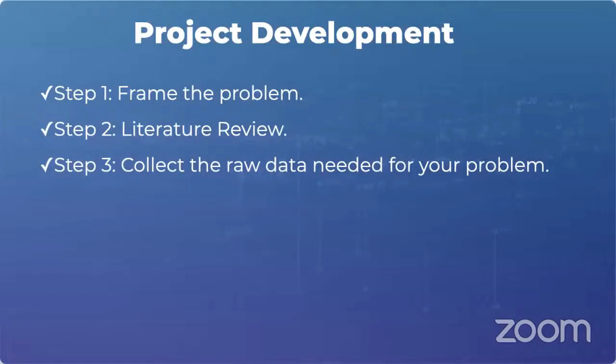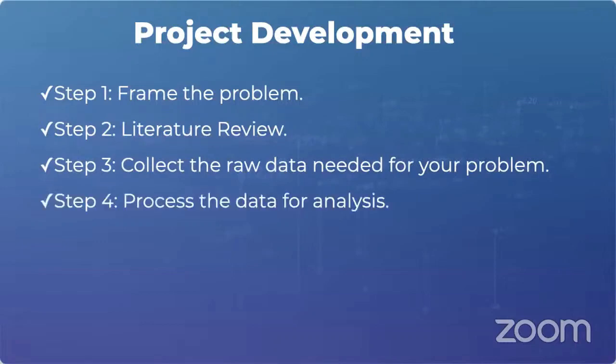You can then take that specific area and find publicly available data that is necessary to answer your question, or the gap in literature that you have identified so far.